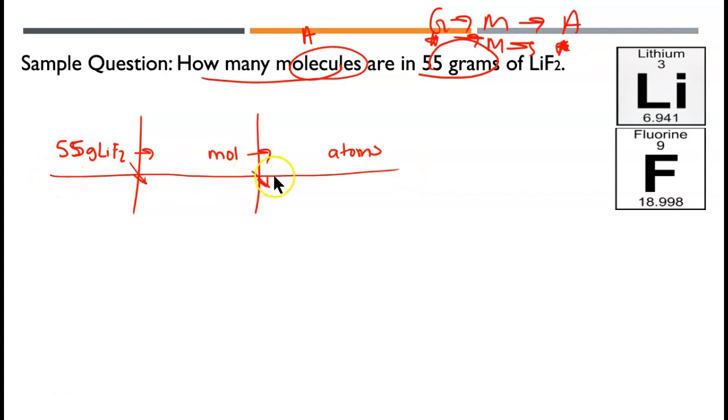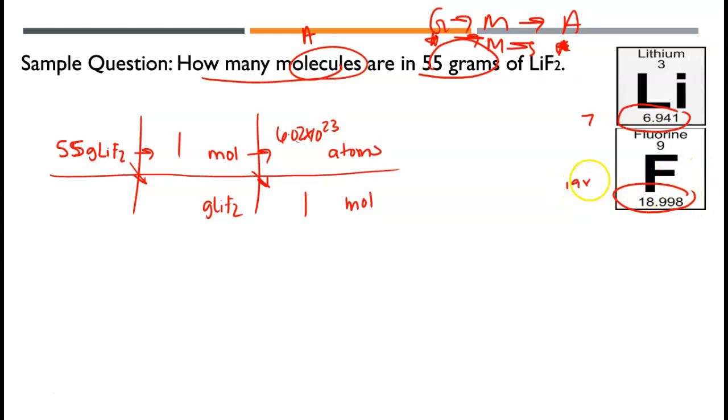Remember, we fill in our units diagonally down. So grams of LiF2 go here, moles goes here. 1, 1. For atoms, remember we use Avogadro's number, which is 6.02 times 10 to the 23rd. And for the mass, we had to add up 1 Li, which is 7, and then F, which is 19, but we need 2.